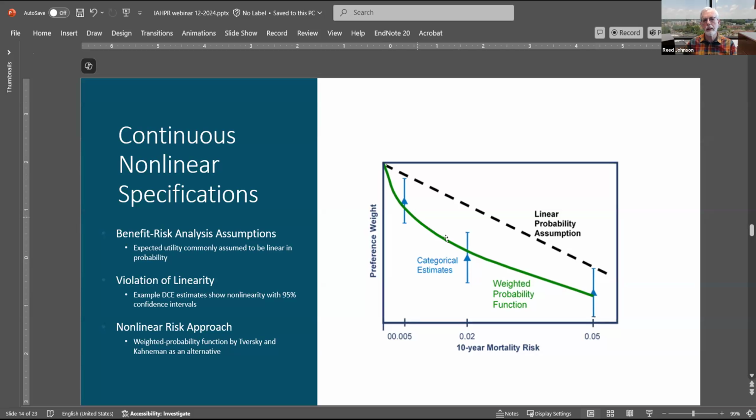And then we estimated a weighted probability function. And you see that the weighted probability function traces the nonlinearity among the categorical variables. If we had assumed a linear probability, then we would have gotten this. And if you had done this test, you would have rejected the linear assumption.